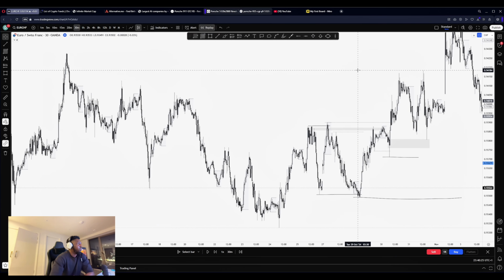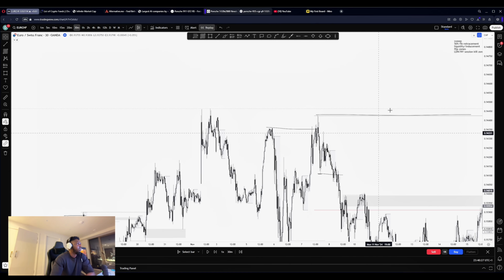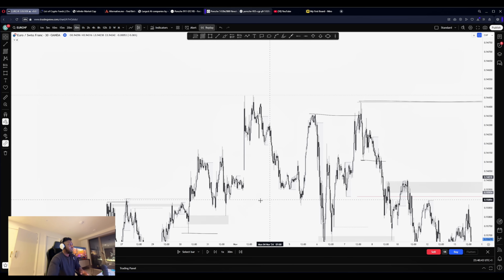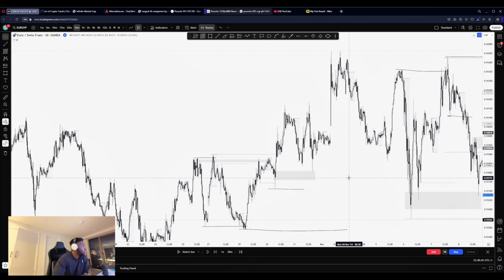But before that also, I still validate my trade. Do we have a sweep? Do we have a 50% fib retracement, which is basically indicating premium and discount zone? Do we have liquidity? Do we have flip zones? And is it happening in a London and New York kill zone?